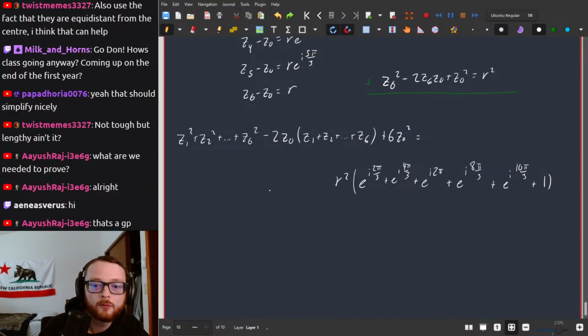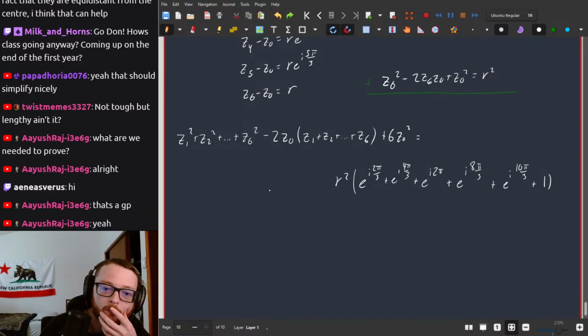This is? Oh yeah, fair enough. Or is it? Yeah, we're adding two pi over 3 each time, right? Yeah. Good spot. I was going to be more of a caveman about it.